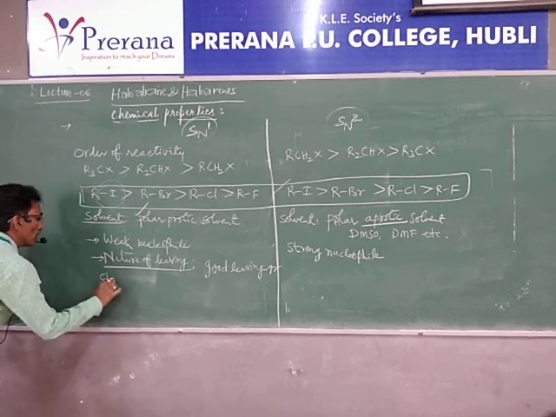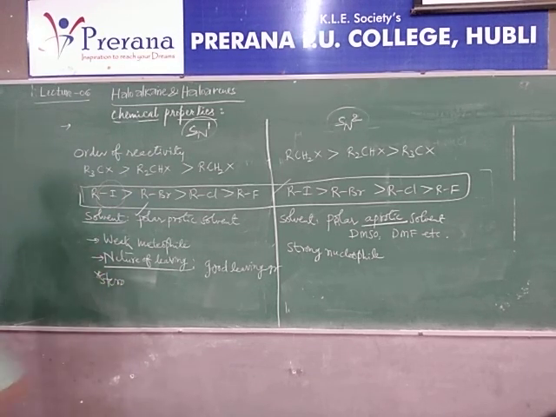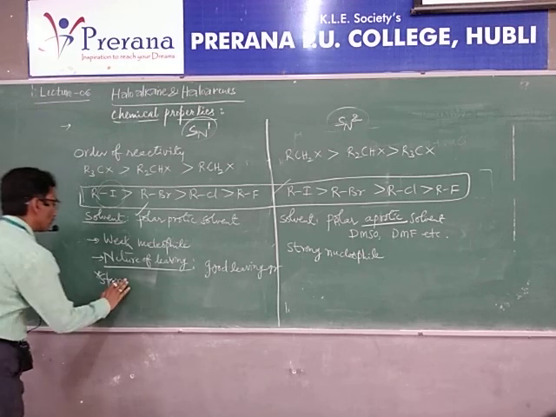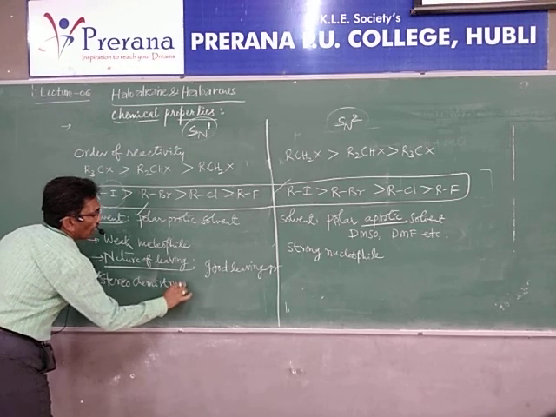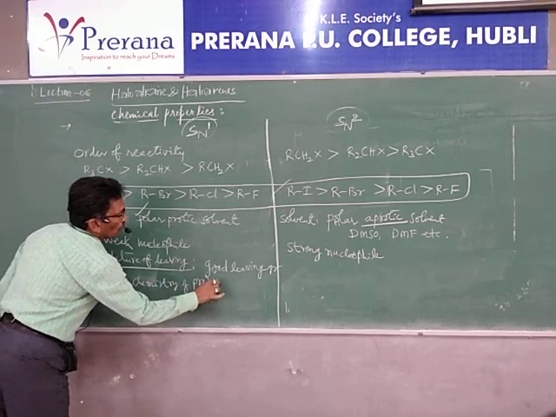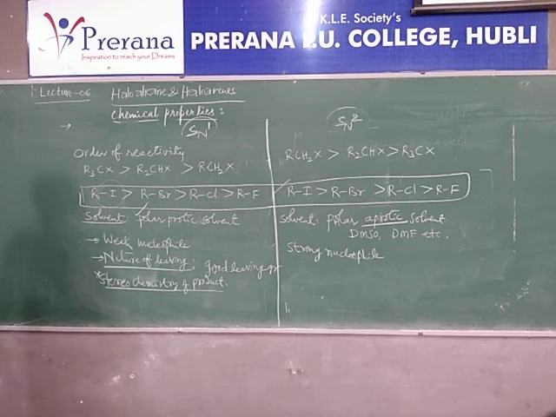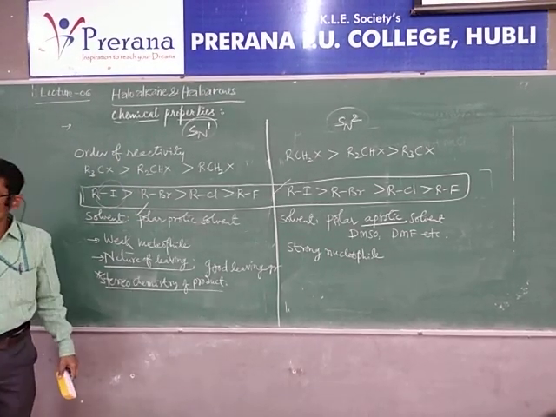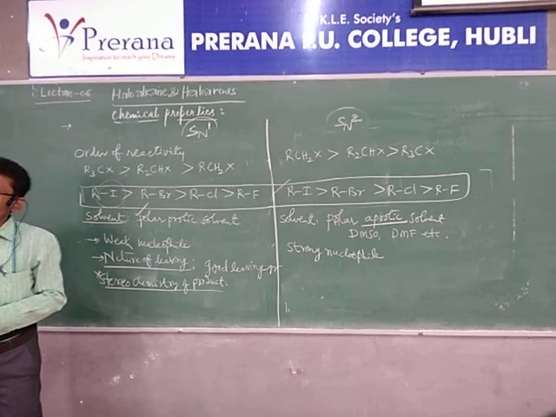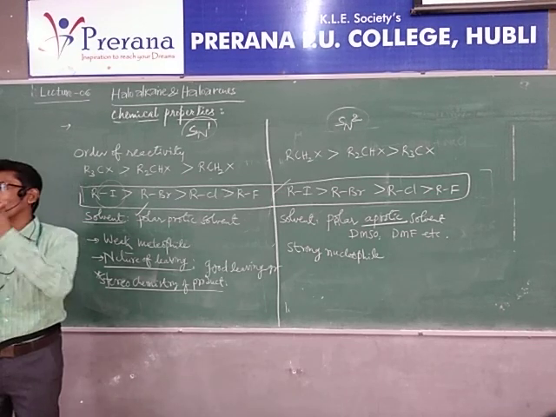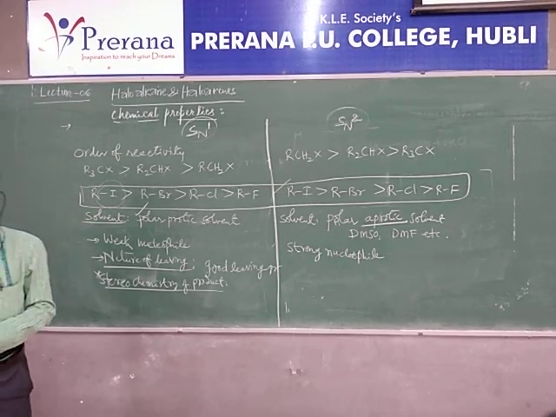Yes, the last point I am interested in is stereochemistry of the product. If you are working with optically active alkyl halides in both cases, what will be the stereochemistry in the product? In the SN1 mechanism, there is front side attack and back side attack. Back side attack gives inversion of configuration and front side attack gives retention of configuration.